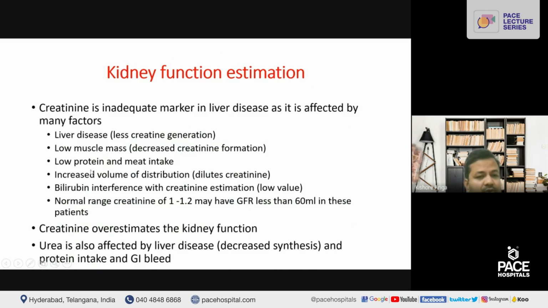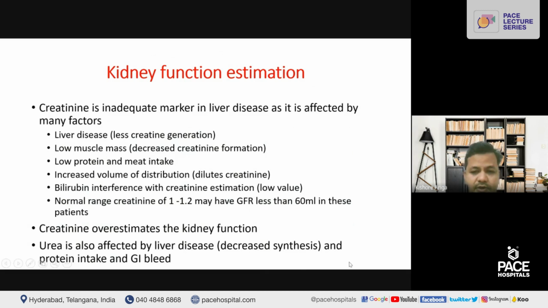And these patients are also on a low protein diet and less meat intake. That will also lead to less creatinine generation. Because of the ascites and the third spacing, there is increased volume of distribution of creatinine, so there is artificial dilution of creatinine in the blood. And bilirubin, which is high in these patients, can interfere with the creatinine estimation with the alkaline picrate method, which is a Jaffe assay.